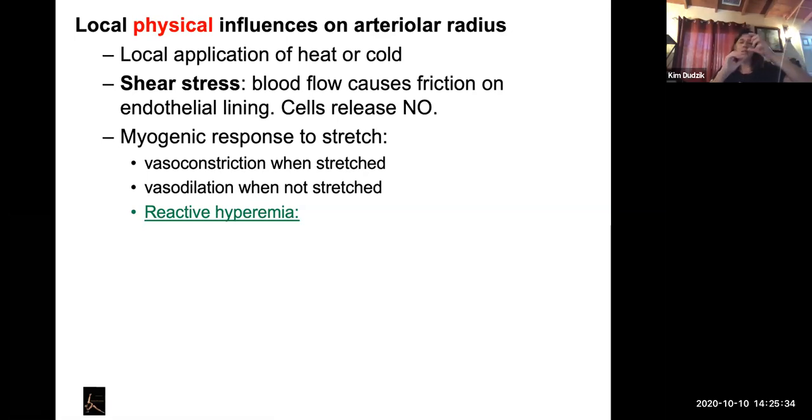But that's a signal to the smooth muscle when it stretches to constrict. Okay, so that's going to reduce the blood flow. If there's not enough blood flow going through, the smooth muscle cells won't experience any stretch. So that might be an indication that, again, lower blood flow, we need to increase it. So it'll vasodilate, increasing the blood flow.